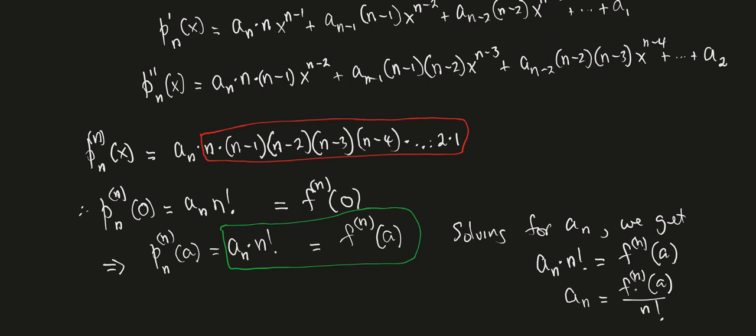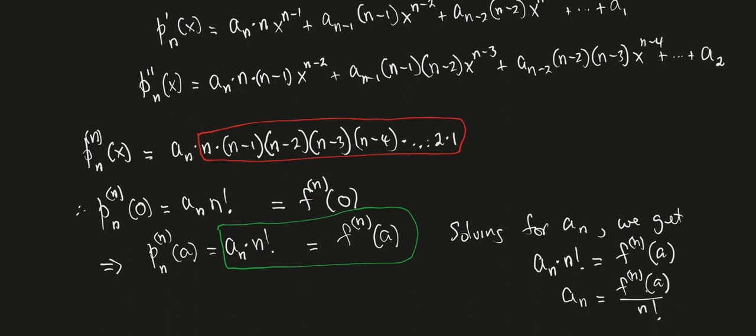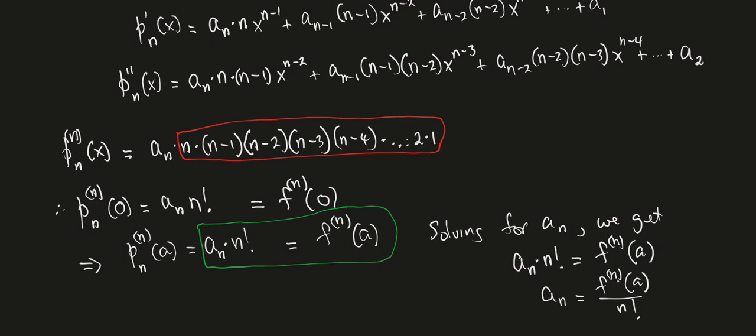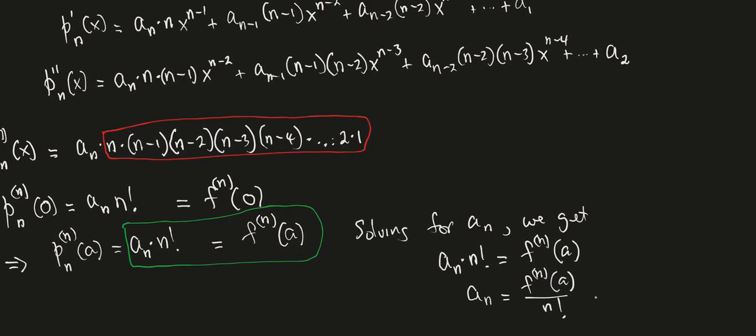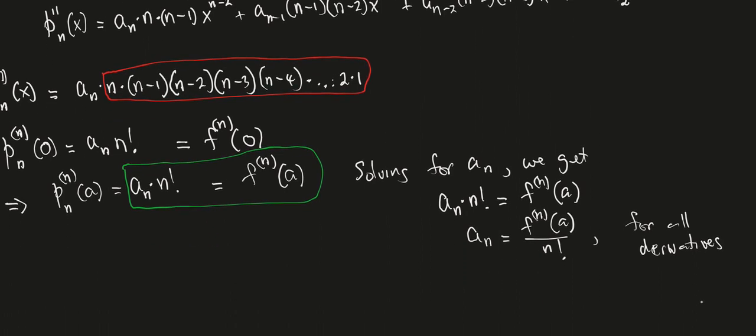And this would be true for not just the nth derivative, but all the derivatives. So in other words, I would use this formula for all derivatives up to and including the nth derivative.